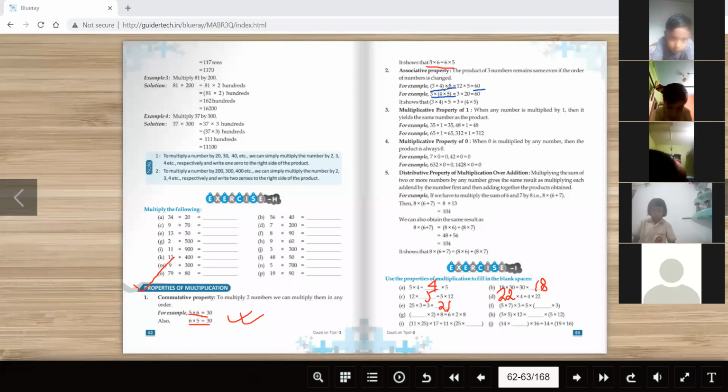In the second case, 4 into 5 is in the first bracket, but 3 is outside of the first bracket, right? But the answers are coming the same, right?